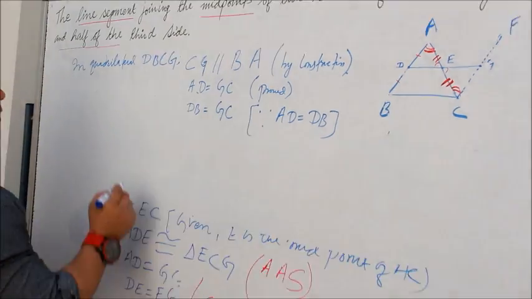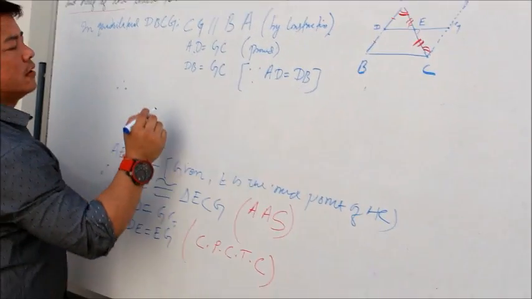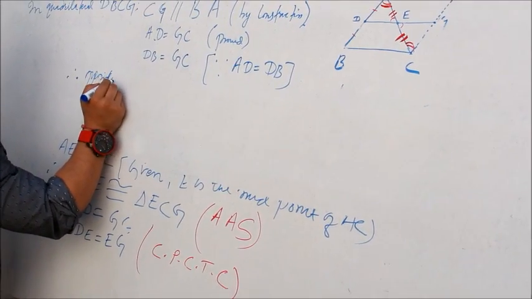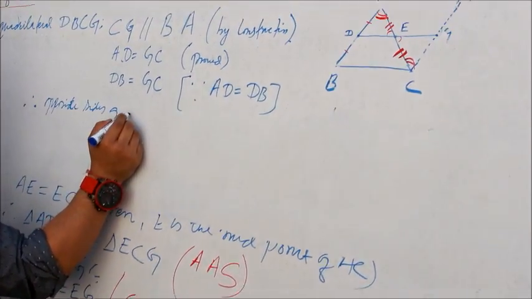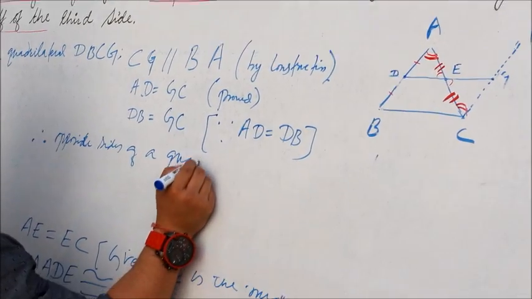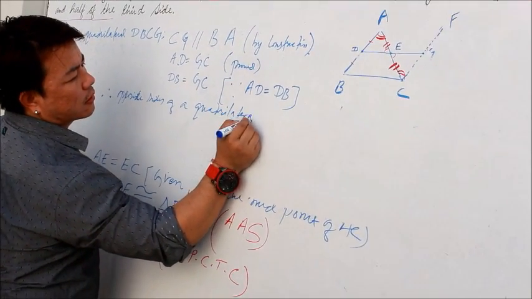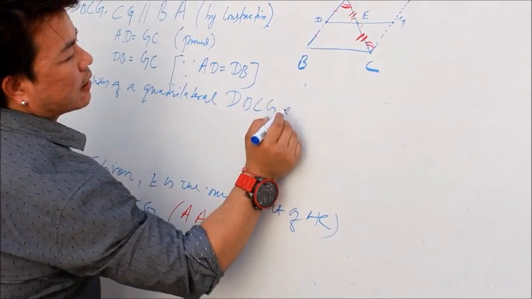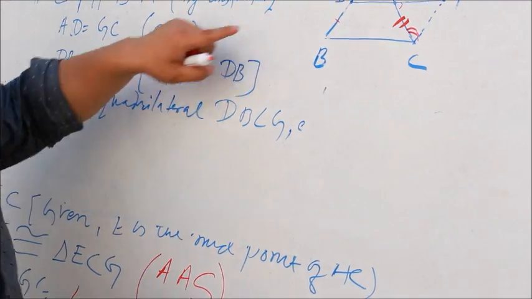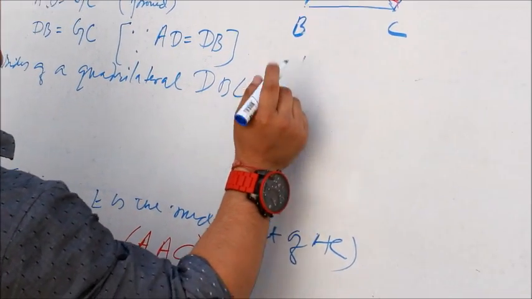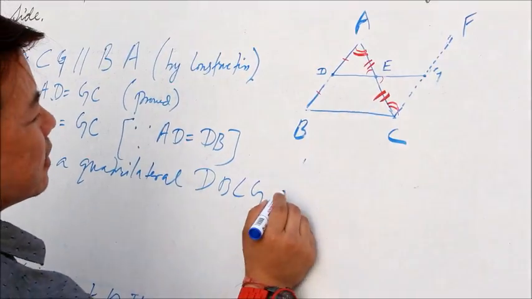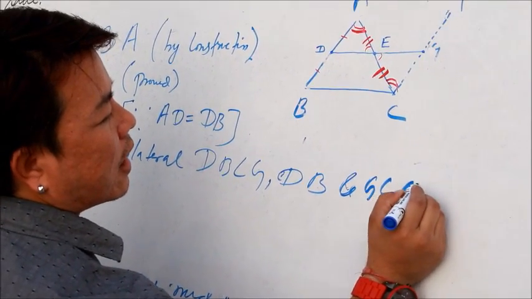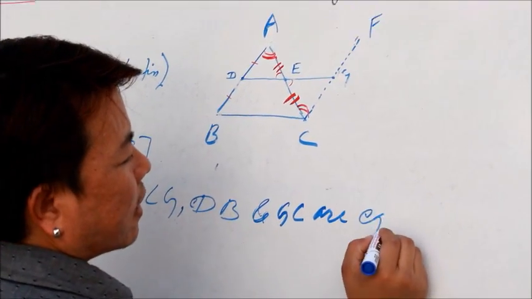So we can say that, therefore, opposite sides of quadrilateral DBCG, DB and GC, are equal and parallel.